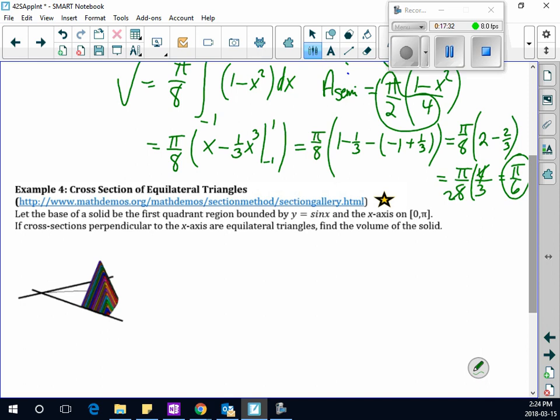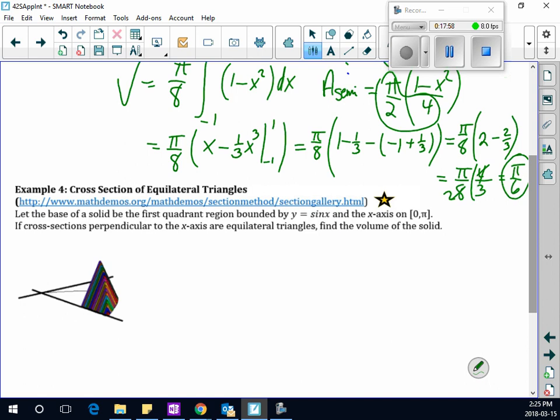Okay, at the base, this now is sine x, so it's a wave, but it's only from 0 to pi, so it's like one little piece, not the continuation. And the cross sections are equilateral triangles. Now here's the thing: if you memorize the formula for the area of an equilateral triangle, does anybody know it by chance?